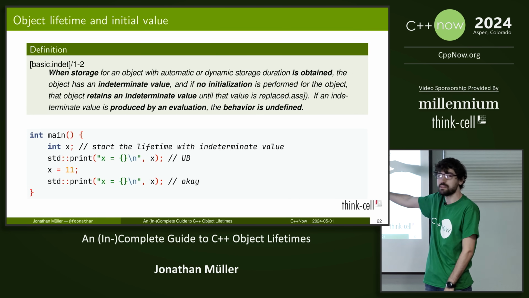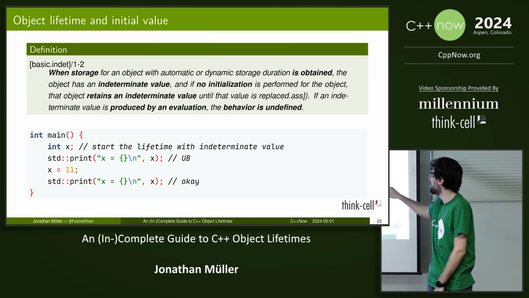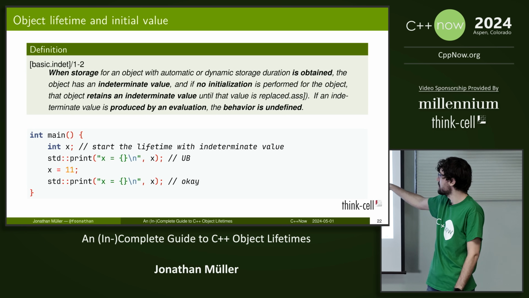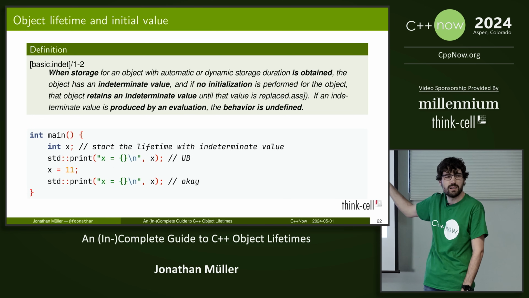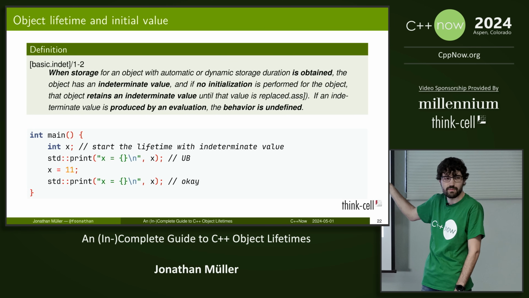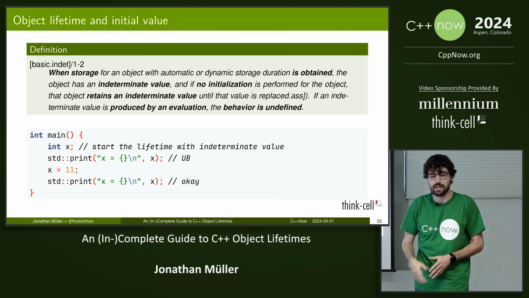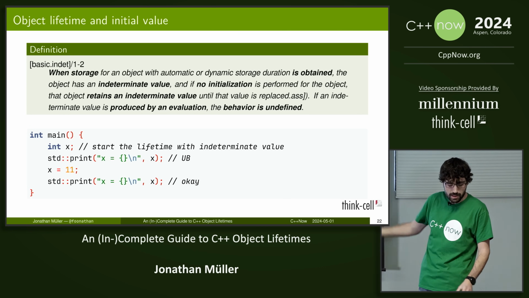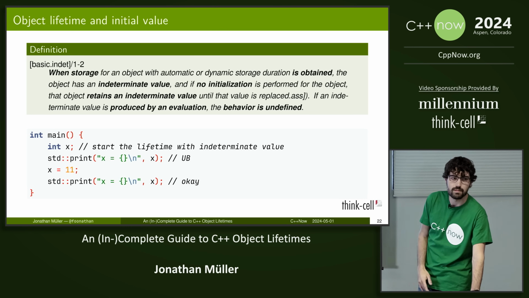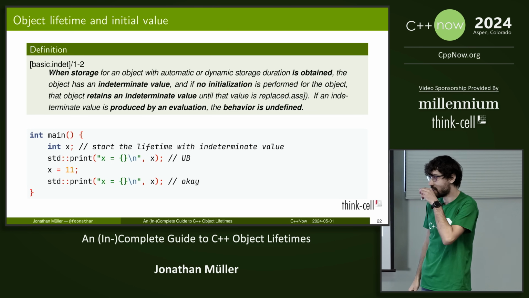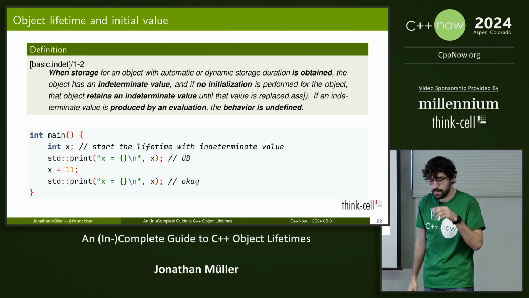It's just that the read produces an indeterminate value, produced by an evaluation. There is some stuff in there about the comma operator or the non-evaluated operand of a short circuiting. When you want to get the value, then it really matters. But the lifetime has started, so we're allowed to use it, just not read it yet. The problem is the value, not the object.